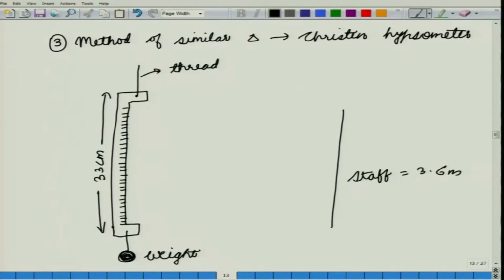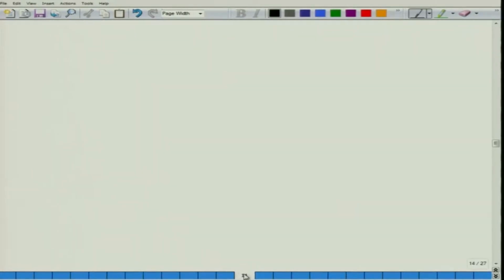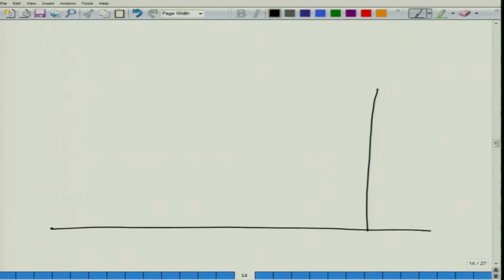So, how is this hypsometer used? If you have a tree and this is your ground level, you keep the staff right next to the tree. So, you know that this length is equal to 3.6 meters.